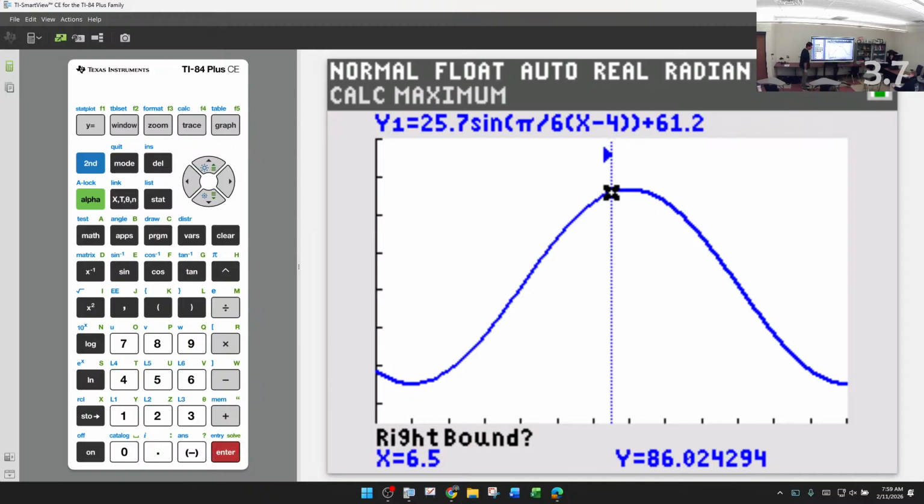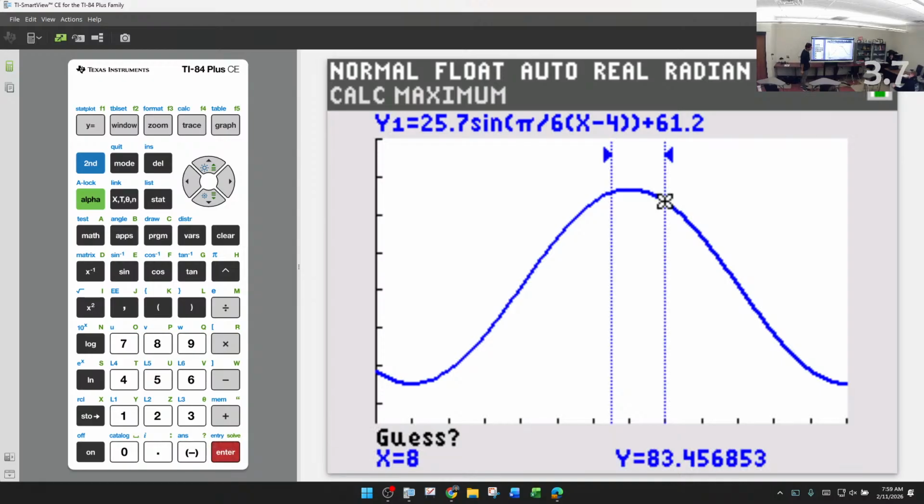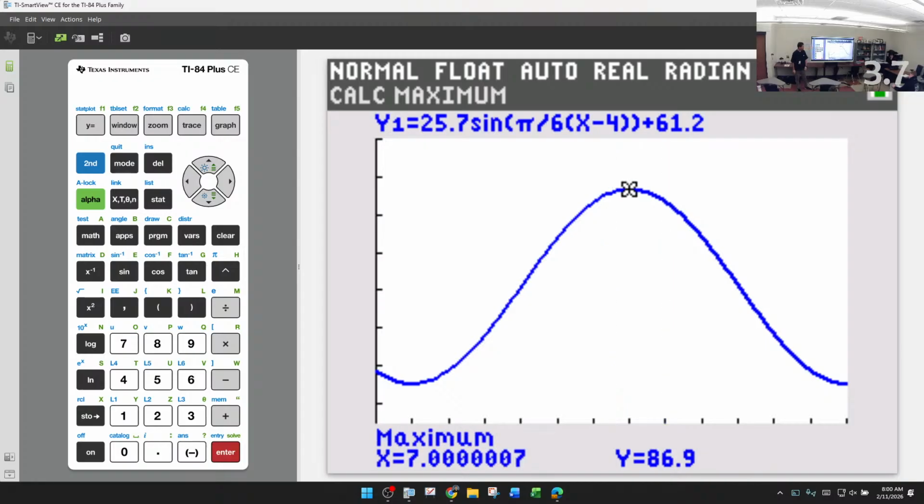Left. I got to go to the right of it or type a number in. It's easier to type a number in than move it. As long as that thing captures it, you're good. It says guess. I don't guess. I hit enter. 7 is when the max occurs. And the max is at 86.9.